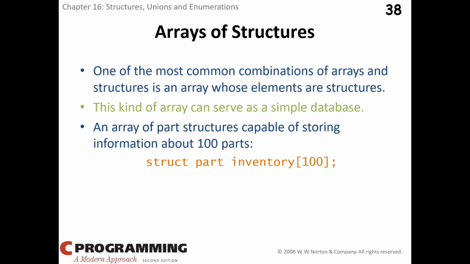And this setup mirrors a simple database where each row corresponds to a part and each column contains attributes of that part. In our case, each element of the array represents a part, and the members of the structure hold details like part number, name, and quantity on hand.